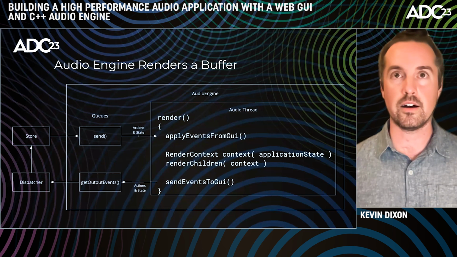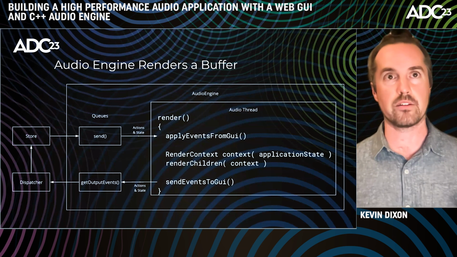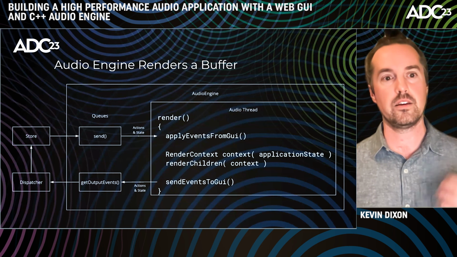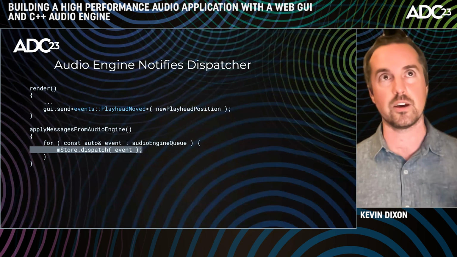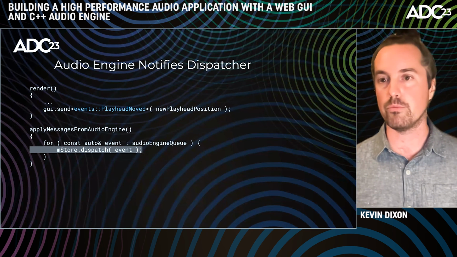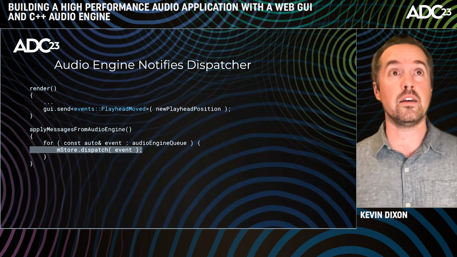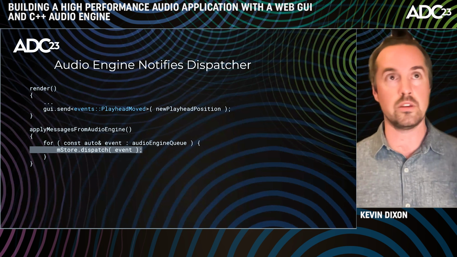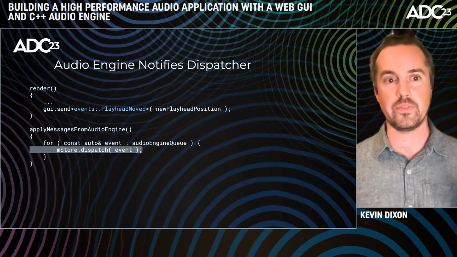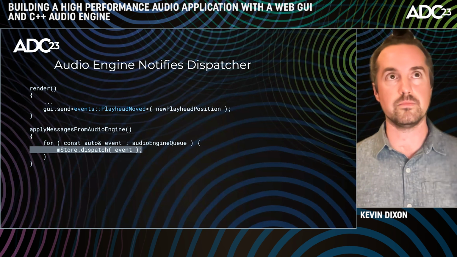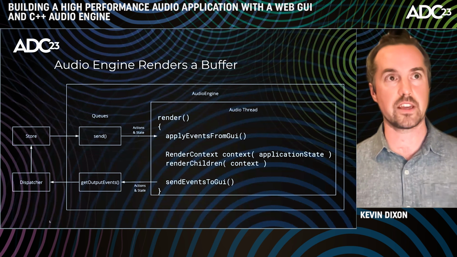So anything that we have to change or update, we put in this outbound queue as an event back, and that gets picked up by the dispatcher. Here's how that looks. Imagine that we send this playhead moved position event. Then on the next GUI main thread tick, it'll flush all the messages out of the queue, read them, and simply dispatch them back into the whole reducer lifecycle that we showed here.